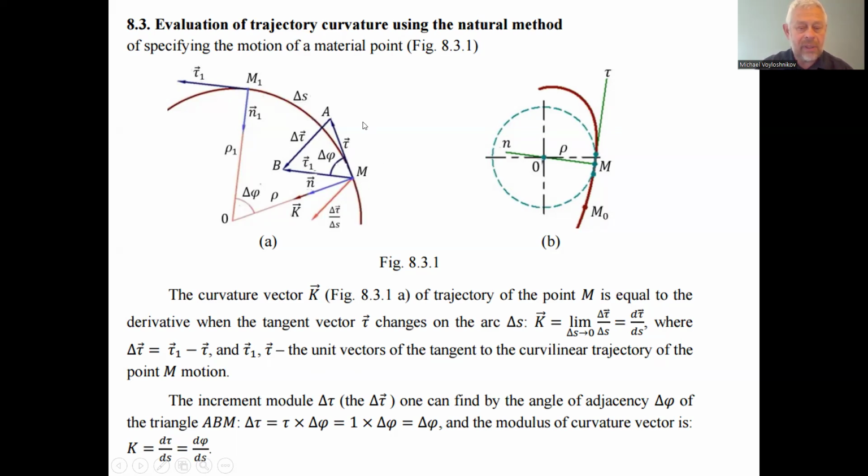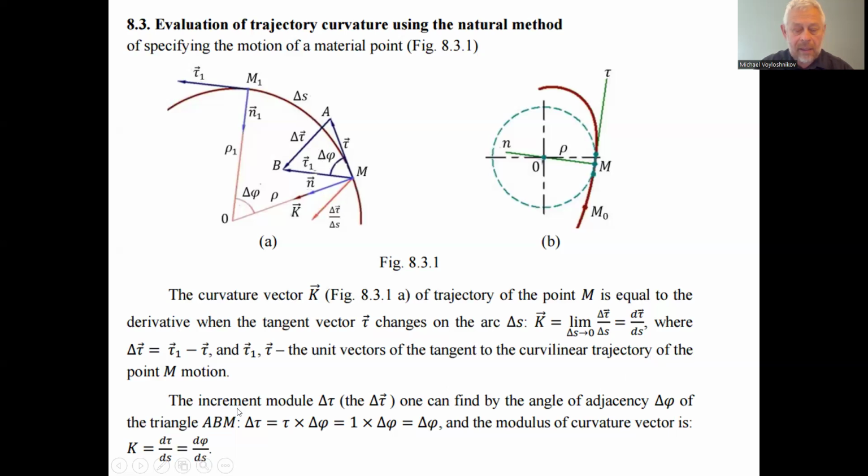And if we tend this increment, this very small arch, to 0, that is, point M1 tends to the point M, with a very small displacement of the point M. We will have the triangle MAB, and we can define the change of the vector of the ort of the natural coordinate system associated with the point M, delta tau, equal to just the adjacency angle increment delta phi for the small motion of this point M along the way S.